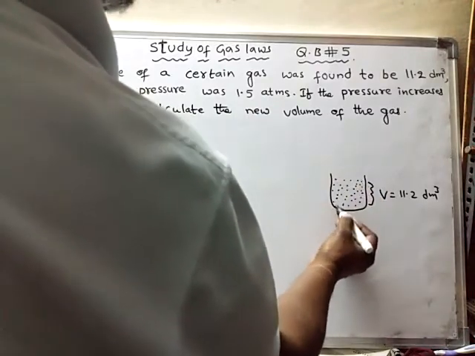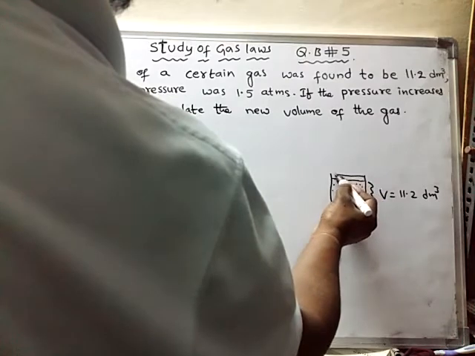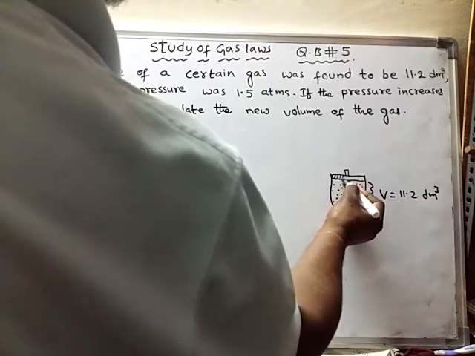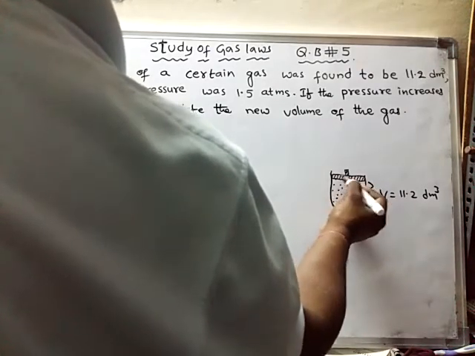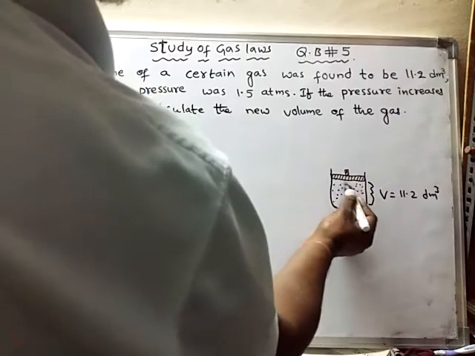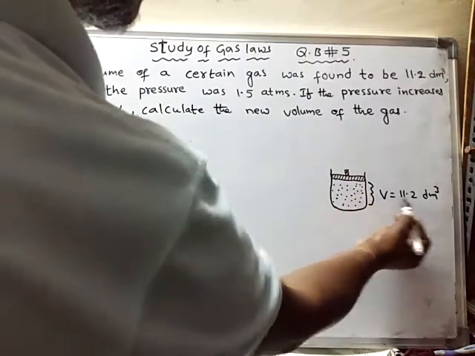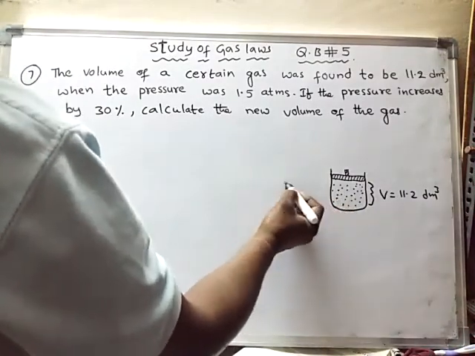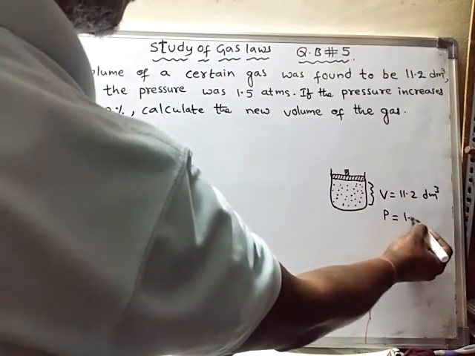Suppose I have kept a piston here. This gas, whose volume is 11.2 decimeter cube, is under the pressure of 1.5 atmosphere.